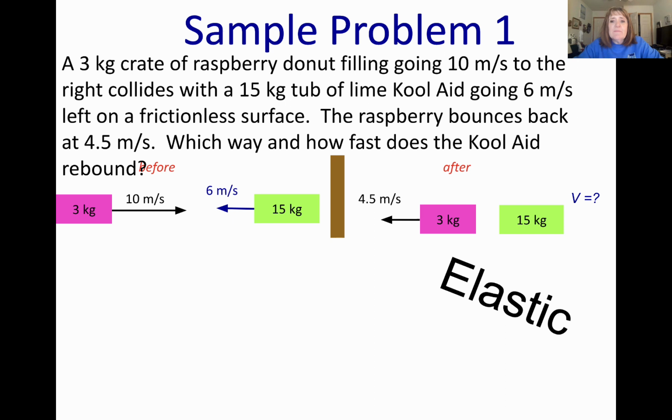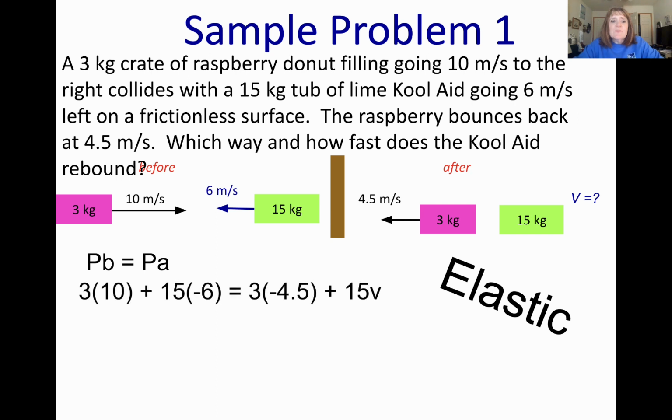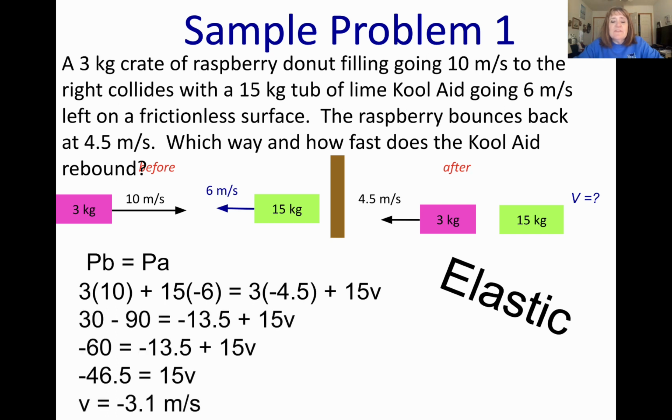Writing our algebra problem, noticing this is an elastic collision, the momentum before is equal to the momentum after. 3 times 10 plus 15 times a negative 6 should equal 3 times a negative 4.5 plus 15v. Using algebra to solve, we get a velocity of a negative 3.1 meters per second. The Kool-Aid is actually going to continue to go to the left.